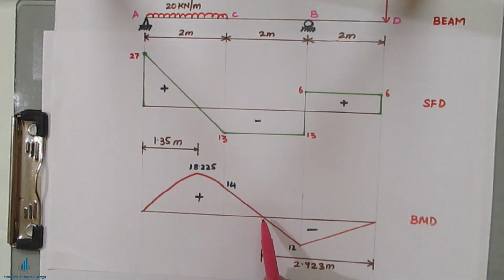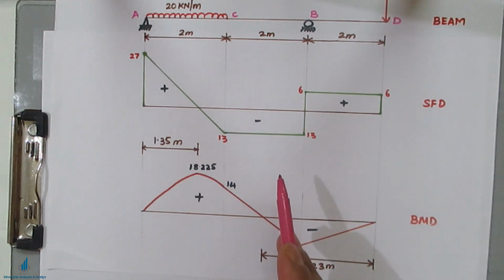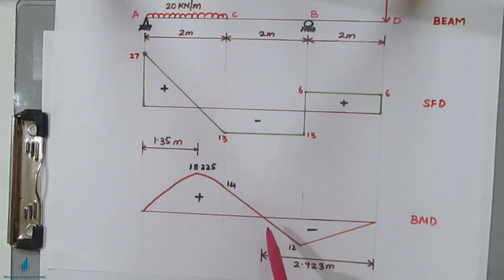That's why we have taken the moment equation of CB span, and we have equated it to 0. Why equated to 0? Because at this particular point that moment will be 0, and for that the distance was 2.923 meters. The distance was 3.077 meters if you take it from the left hand side. From the right hand side we have taken, it became 2.923.